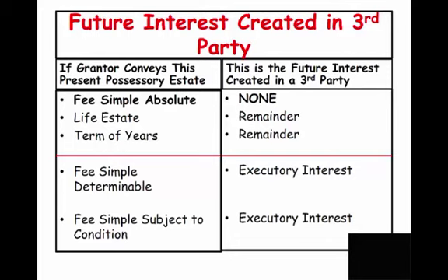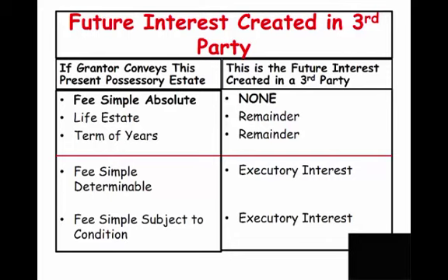And if the grantor just creates a fee simple determinable to A, so long as alcohol is not sold on the property, and does not specify a future interest, then by law, one will be imputed. And whether it will be a possibility of reverter that is imputed or a right of reentry that is imputed will depend on the language of the grant itself.